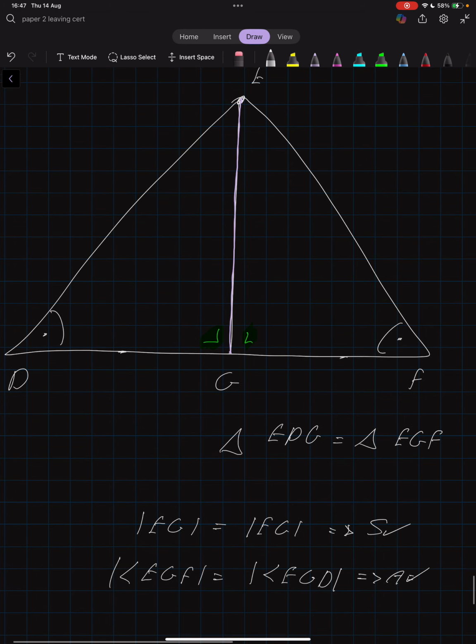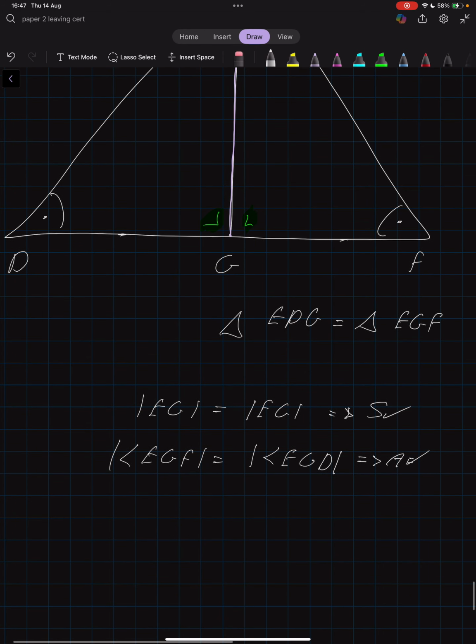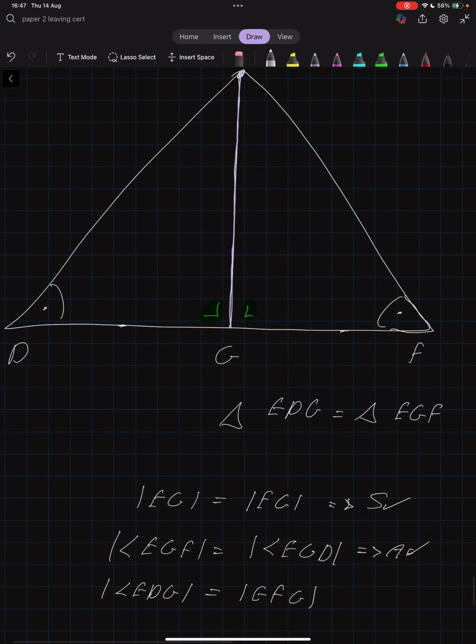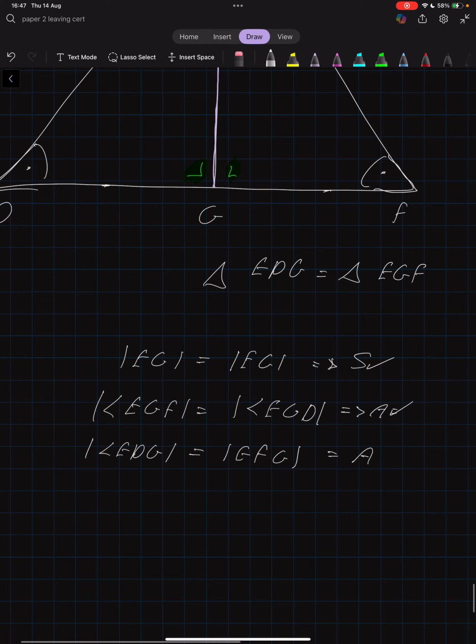And the other one, I have that, well, angle EDG is equal to angle EFG. So this angle is equal to this angle, which I'm just told from the question. And then you just say, therefore congruent.